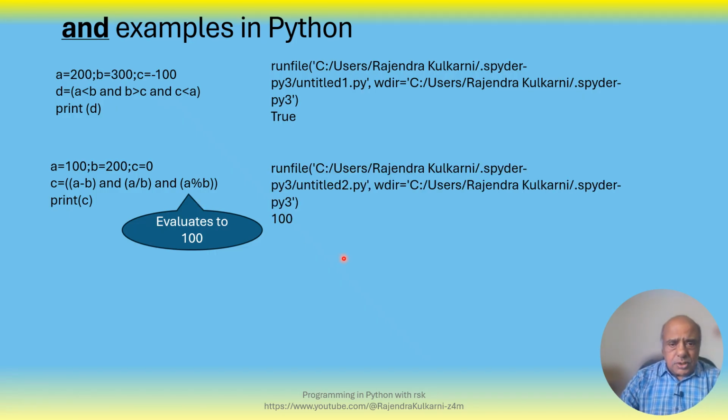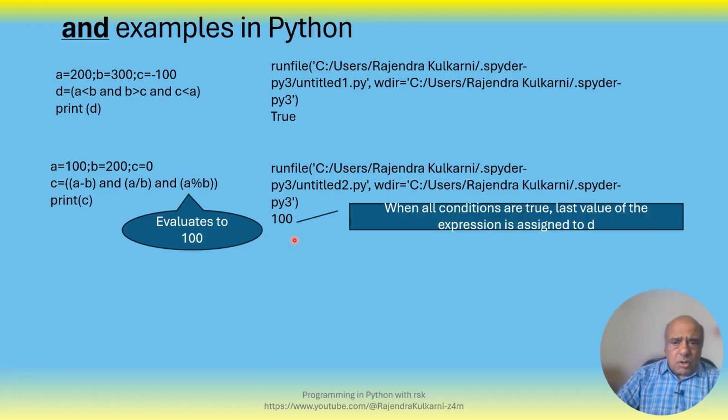So our output is c is equal to 100. When all conditions are true, the last value of the expression is assigned to c in this case, not d, sorry.